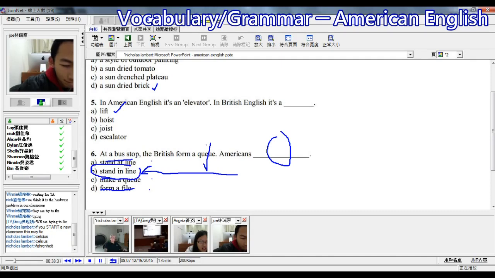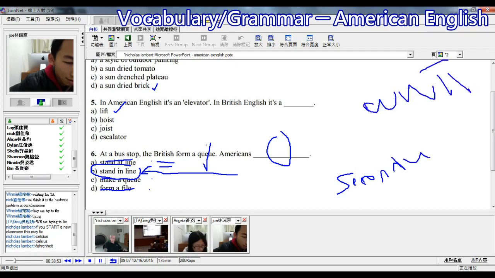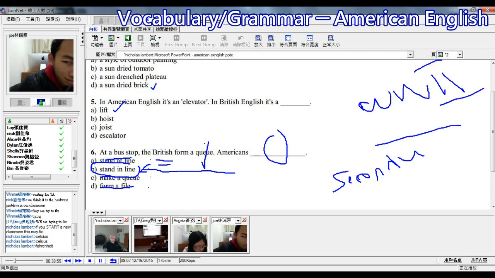Do people queue in Taiwan? Are they happy to queue? Yeah. It's in England or in Britain. During the Second World War, World War II, they were very short of food, so they had to form queues to be given their food.